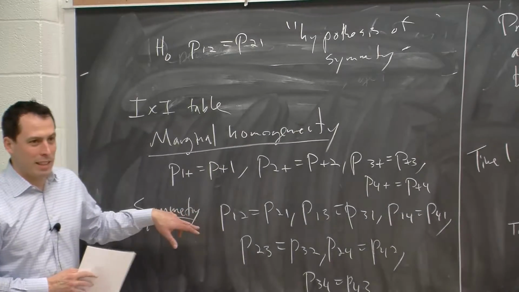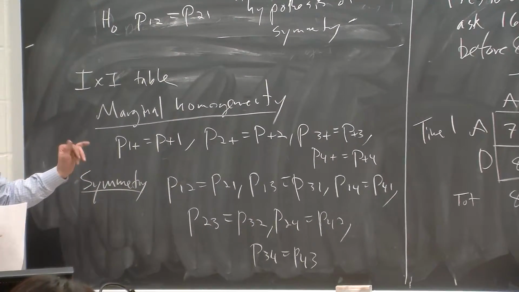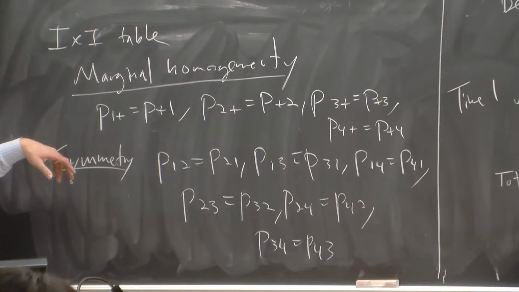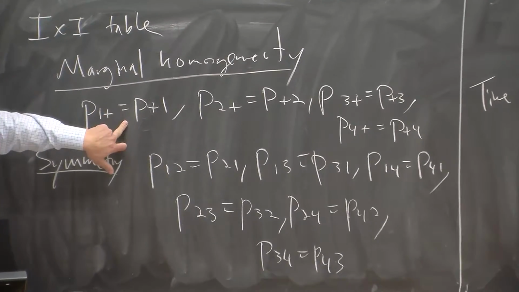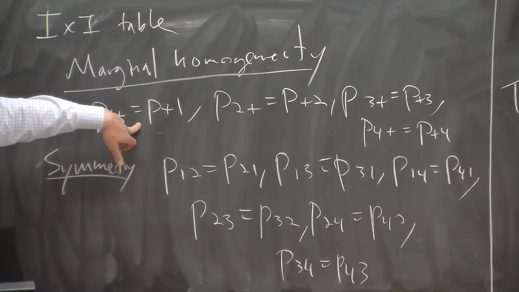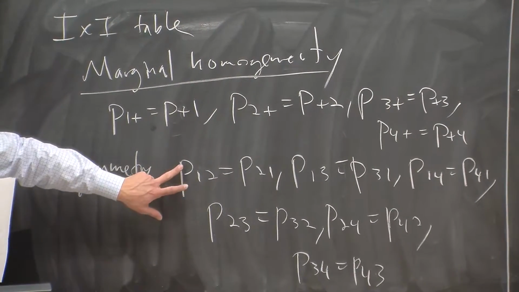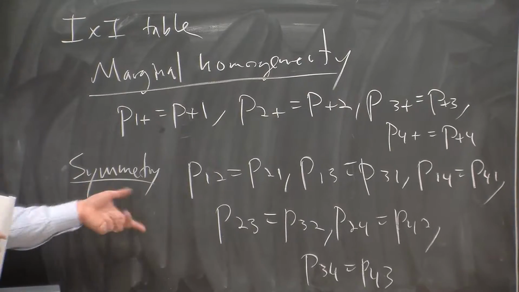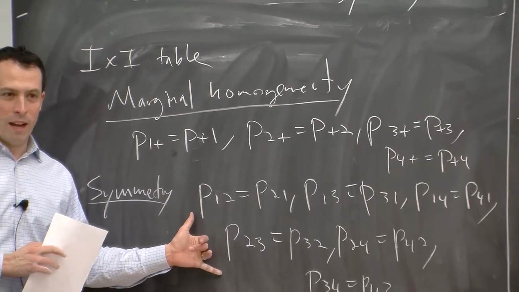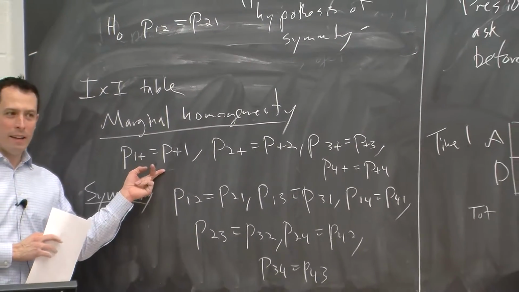So what's the difference about these lists? This has how many equations? 4. This has 6, right? So as I goes up, this number will be I choose 2, and this number will be I.